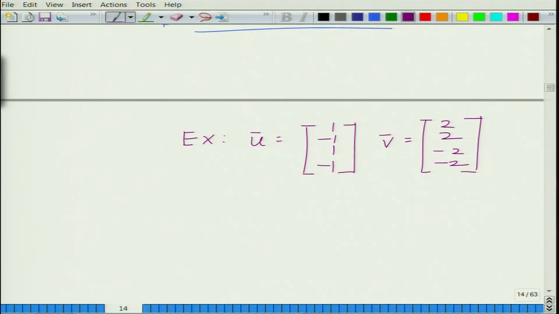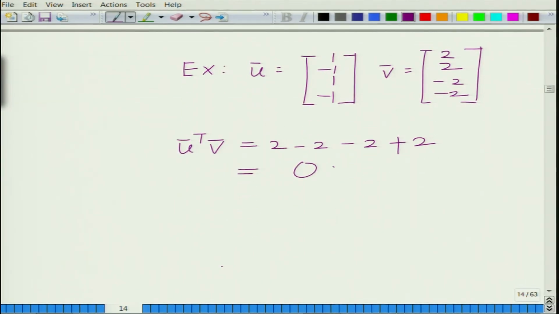If we do u bar transpose v bar, this will be 2 minus 2 minus 2 plus 2, which is equal to 0.